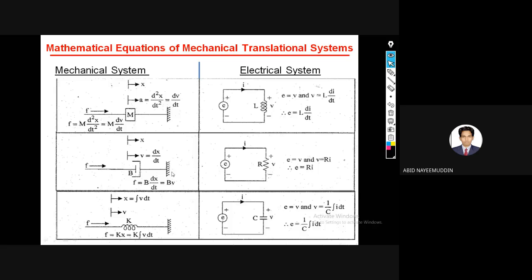But in this case, if it is x1 and at the other side instead of ground it is x2, then you need to consider B into dx1 by dt minus dx2 by dt, as we have solved in the problems. In the same way, for the spring element, it is K into x1 minus x2 if it is connected to another end. I think this is only what should be noted. That's it.